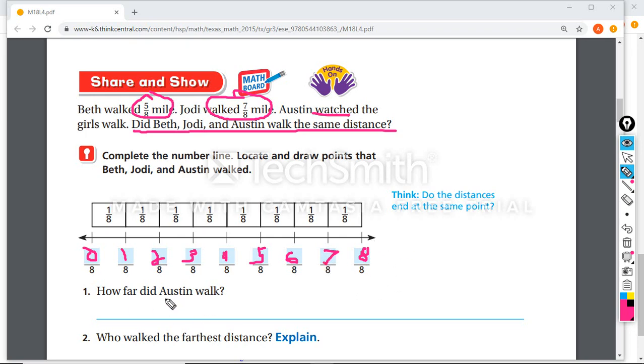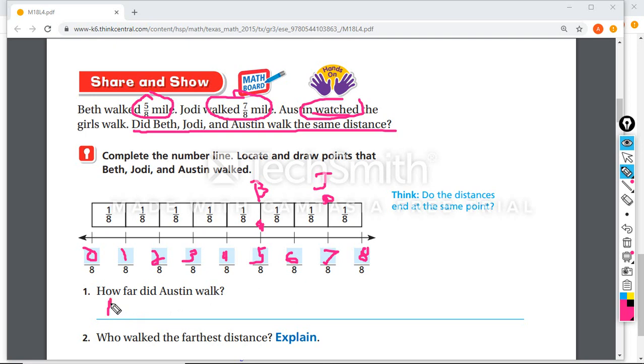How far did Austin walk? Well, let's write down. Beth walked 5/8 of a mile. This is Beth right here. I'm going to put a B for Beth. Jody walked 7/8 of a mile. 7/8 is right here. That's Jody. Austin watched. So Austin, how far did Austin walk?